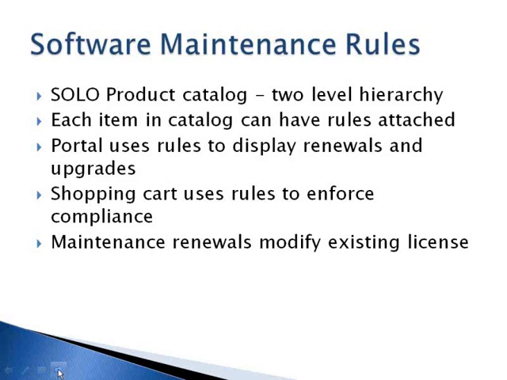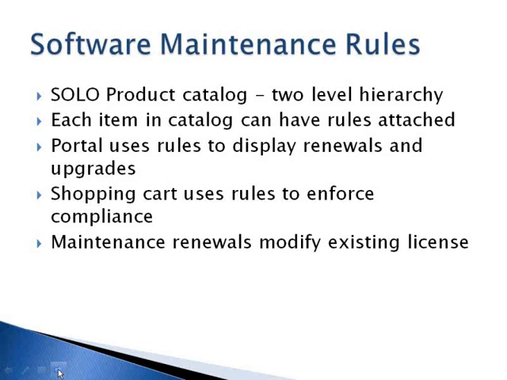One thing to note is that maintenance renewals will modify the existing license expiration date. So when you look at the order history, there will be a new item in the order history for the renewal purchase, but the expiration date for the maintenance of the existing license is updated to reflect the updated expiration date that the user purchased.